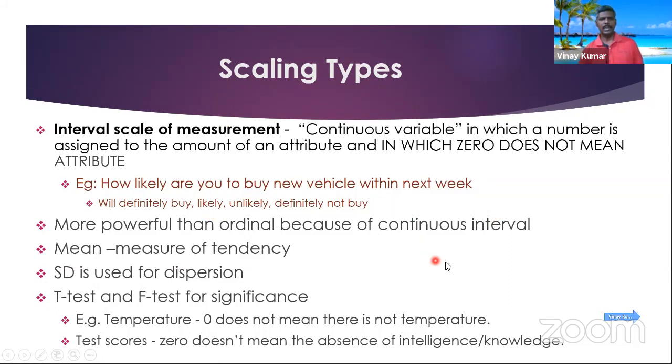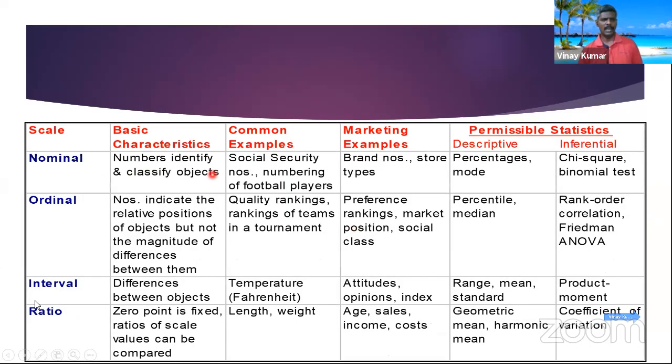And the final scale is the ratio scale, which is a very accurate scale of measurement, which has all the properties of the measurement. So here we can see the difference. So you can go through the difference, but we'll see only the ratio part here. So 0 point is fixed. Ratio of scale values can be compared. So that's one of the important features of a ratio scale. So 0 is absolute 0 here.